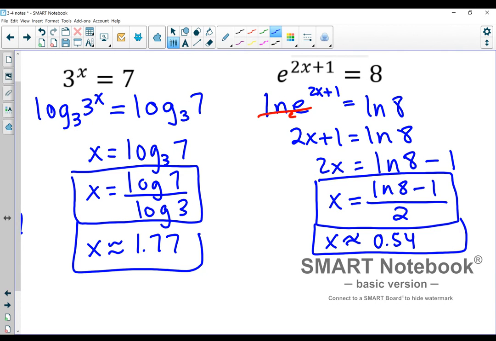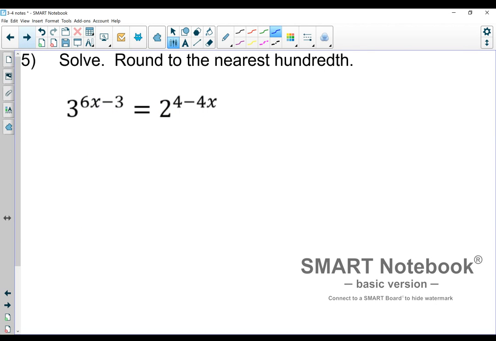So our next problem is really different. I do have exponents on both sides, but the problem is I can't make these so that they have the same base. And if I use log base 3, for example, to cancel this 3 out and get at that exponent, it's not going to cancel out on the other side. So what I'm going to do instead is use a logarithm that I can do on a calculator and just take the log on both sides.